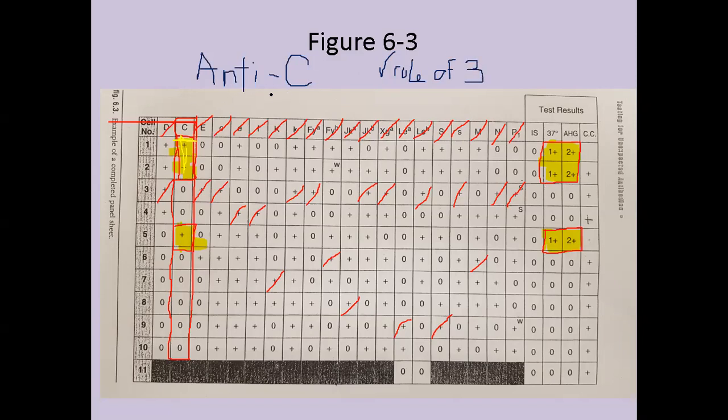So what is something else we can do with our patient that we talked about in our last unit? If we wanted to do something else, we could take this patient's, not their plasma this time, take their red cells, make a 3 to 5% suspension, and test this patient's red cells, phenotype them to see if they have big C antigen. And they should not. They should be negative.